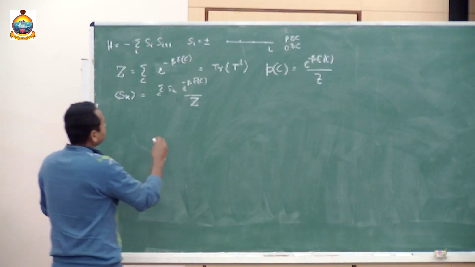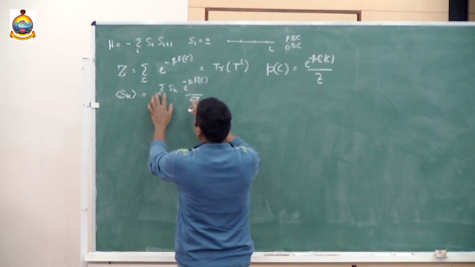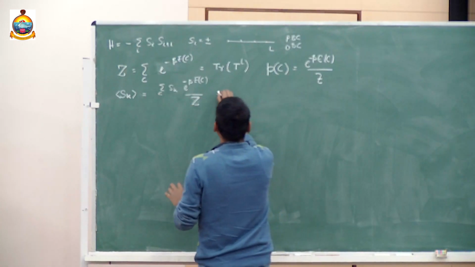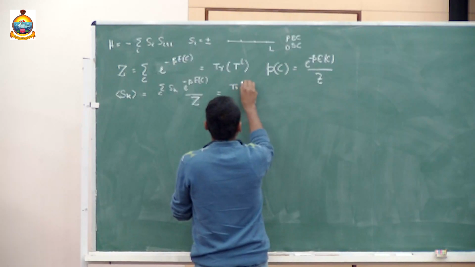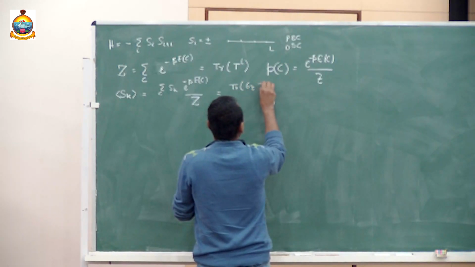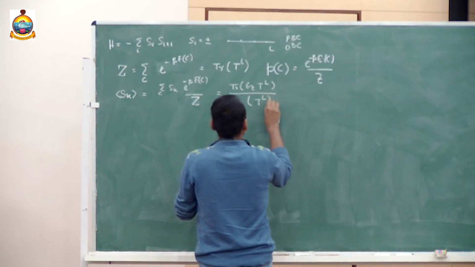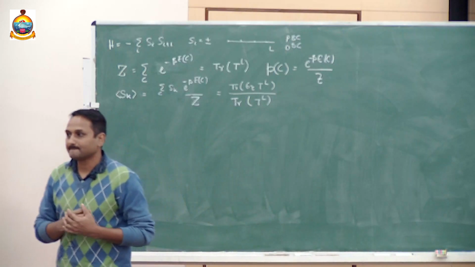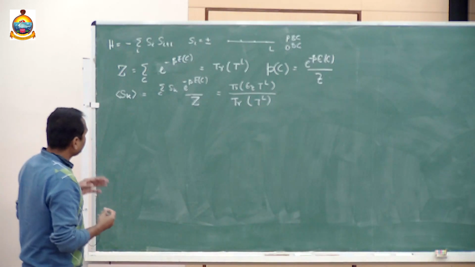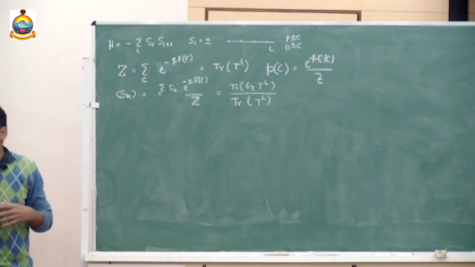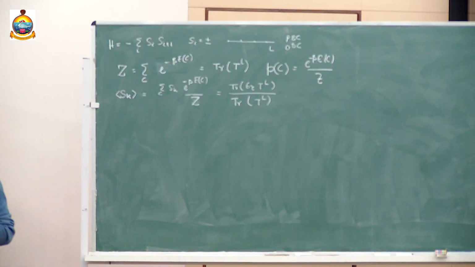So if you write the full thing, this turns out to be the trace of sigma_z T to the power L divided by the trace of T to the power L. This is what we calculated, and we also attempted calculating the correlation function, but we could not complete it. That's where we were.